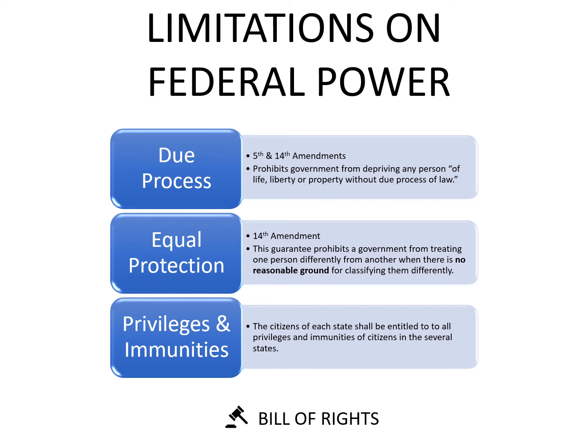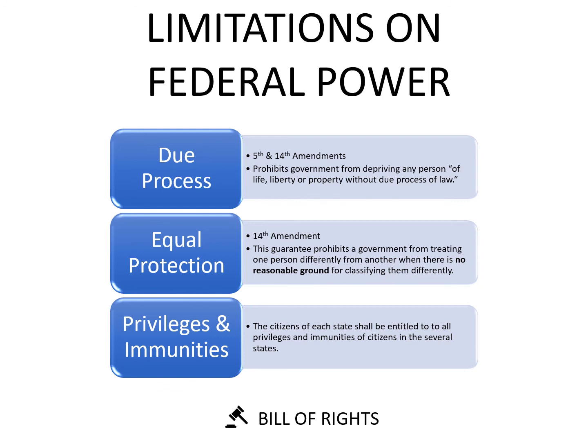Maybe you might not think that's a limitation on federal power, but if you have the right to freedom of speech, that creates a corresponding duty in the government to allow you to exercise your free speech. So it can operate as a check. The individual rights secured to us as citizens also act as a check on federal power, because when our individual rights are violated by the government, we can sue in federal court, saying that their conduct is unconstitutional. So that's just generally always available to you.